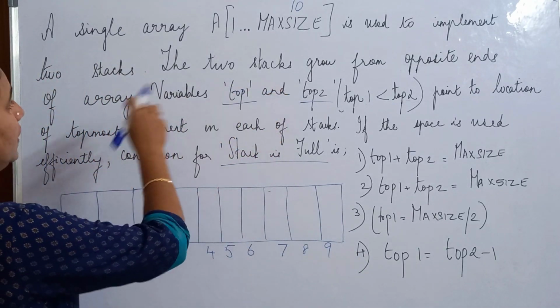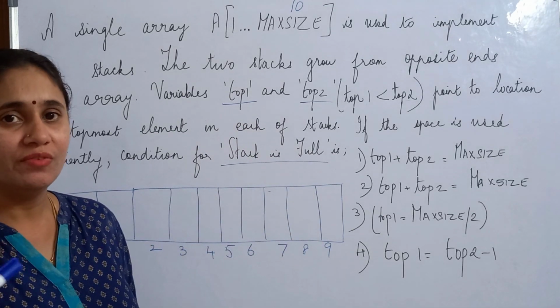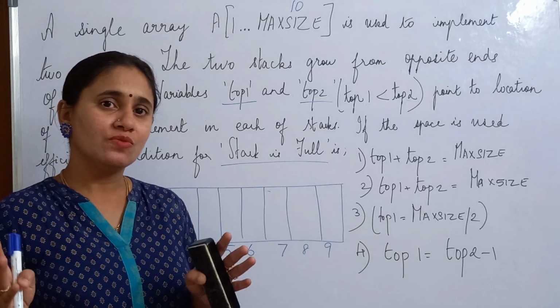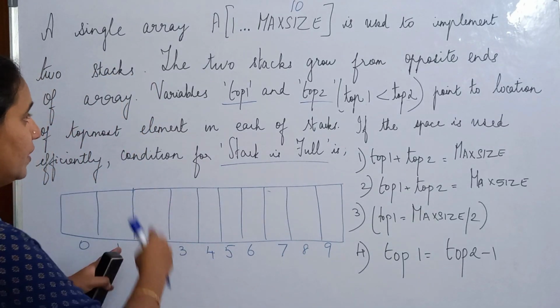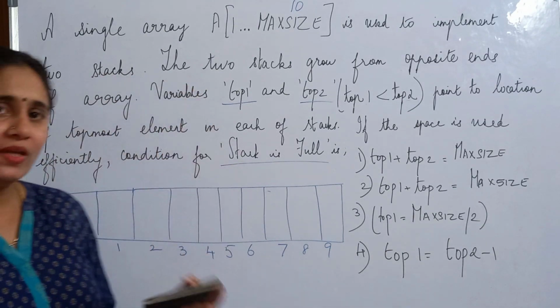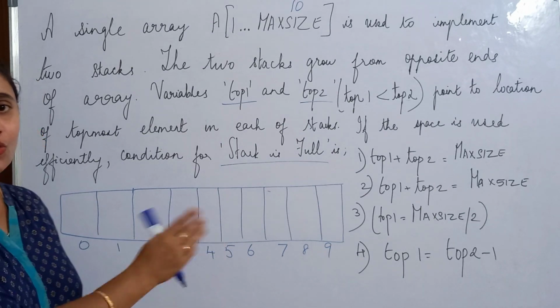As given in the question, in the single array we are going to implement two different stacks. How? We divide this array into two stacks. For example, shall we divide it into equal halves?